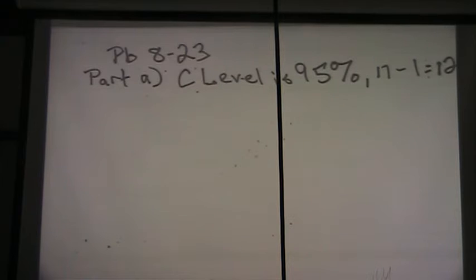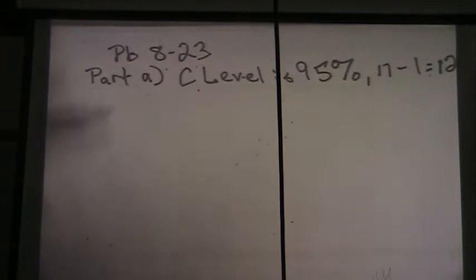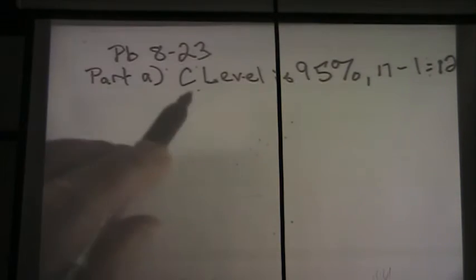It says if our confidence level is 95% and our degrees of freedom is equal to 12. All right? And this is for a two-sided confidence interval. All right.